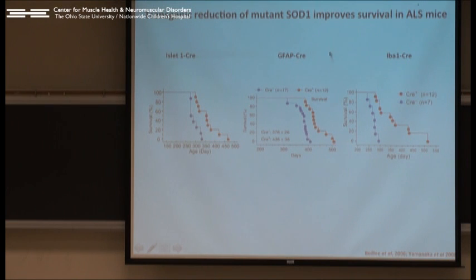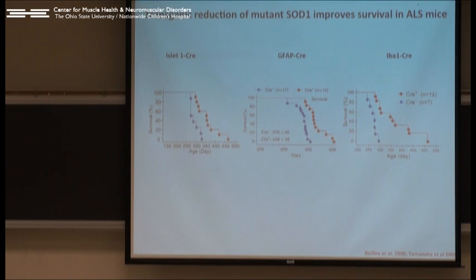More interestingly, they reduced mutant SOD1 in glial fibrillary acidic protein driver Cre animals. This was an astrocytic line. GFAP is expressed in astrocytes. This promoter selectively reduced SOD1 in astrocytes, and they found about a 50 to 60-day increase in survival.